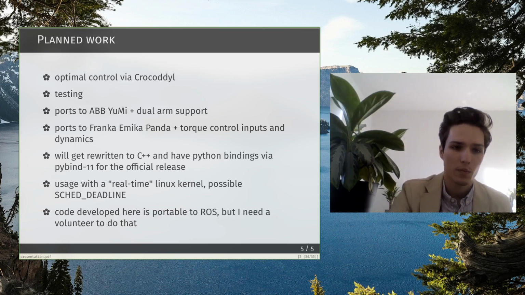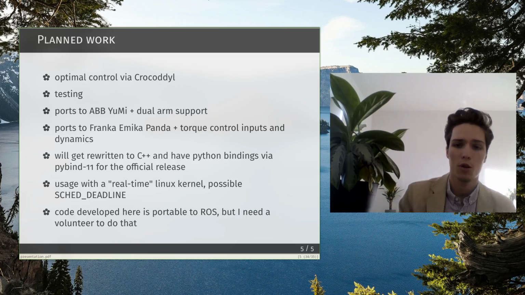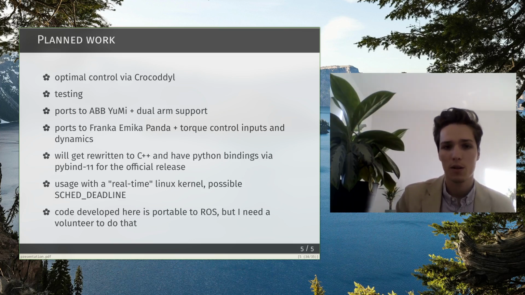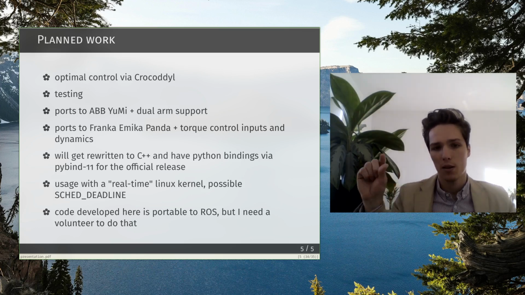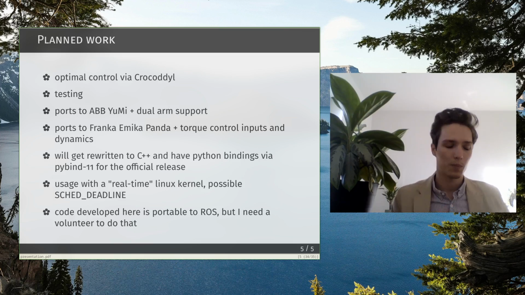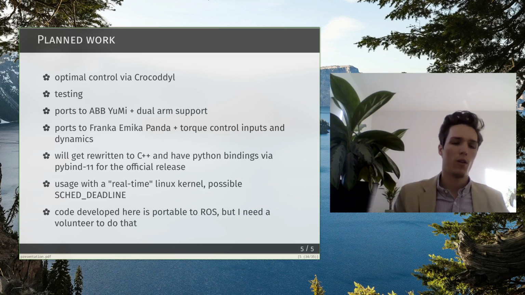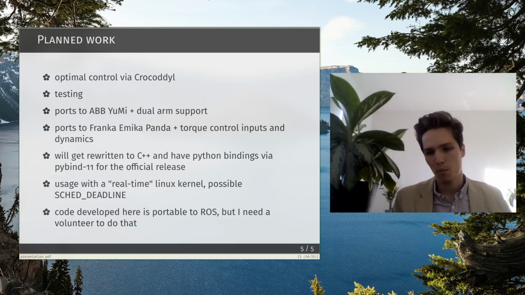Like I just hinted at before, this code is portable to ROS. The mathematical computations are very easy, there's nothing to port there. It's just the inputs and the outputs. And if someone other than me, because I really don't have the time for this, had the time to create the ROS wrappers around the core of the library, then it would comply with ROS control, and it would just work.